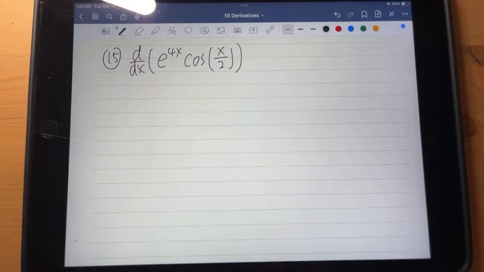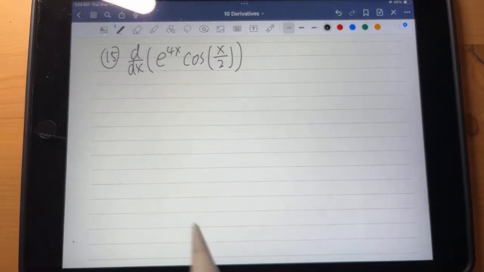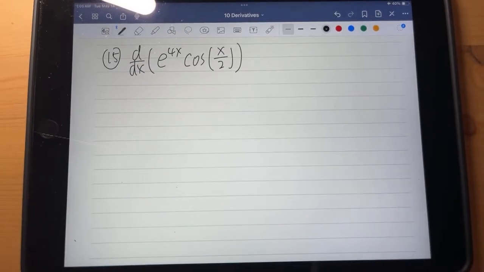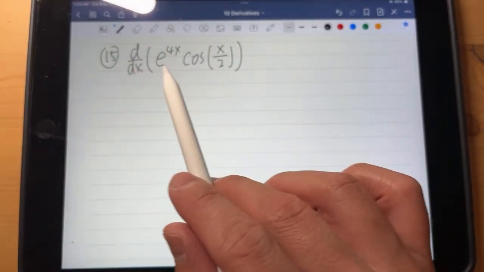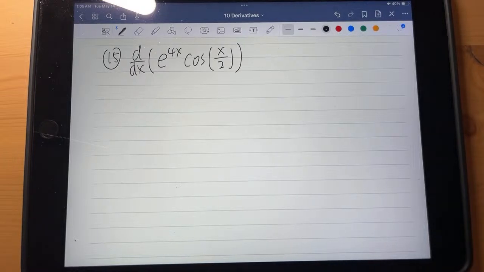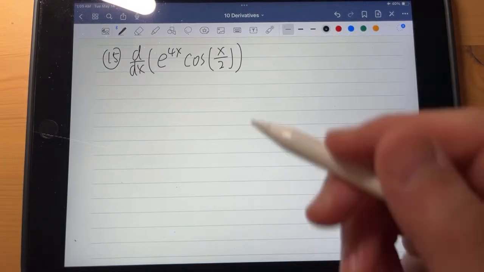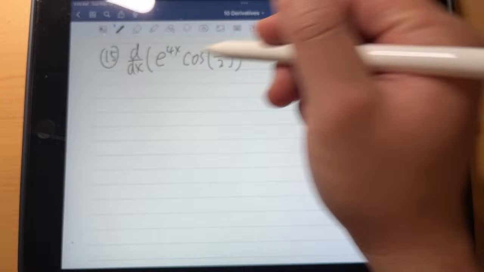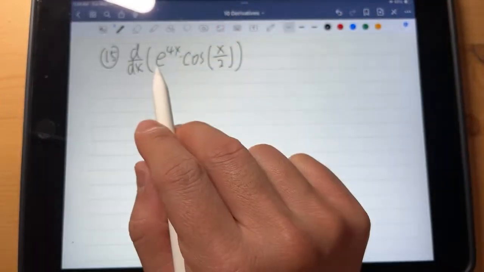We are going to use the product rule. Keep in mind, this is the derivative. This is not integration. If you do have an integral of this function, yes, you use integration by parts. Okay, here is the product rule because this times that.